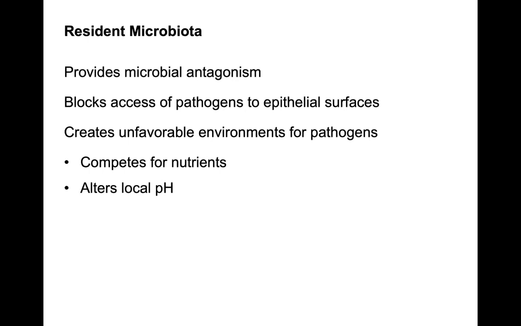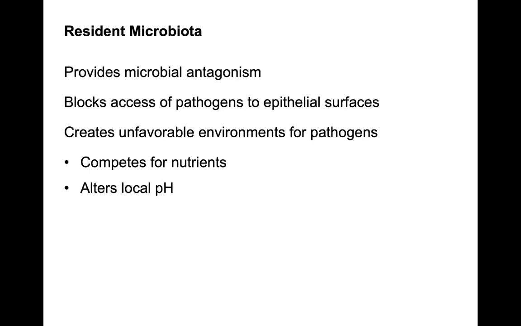You also have your microbiome. This provides microbial antagonism. Microbial antagonism is a fancy word for competition amongst microbes. If you have what we refer to as good bacteria living on your surfaces, they are requiring nutrients in order to survive. And there are only so many nutrients available.